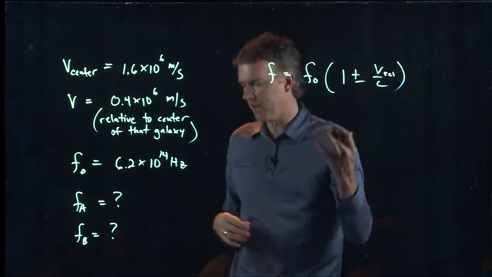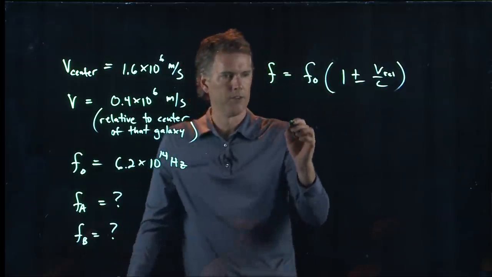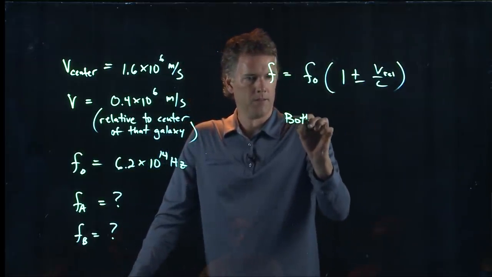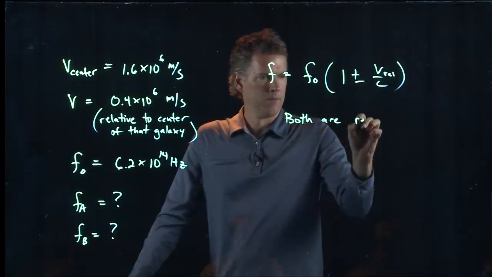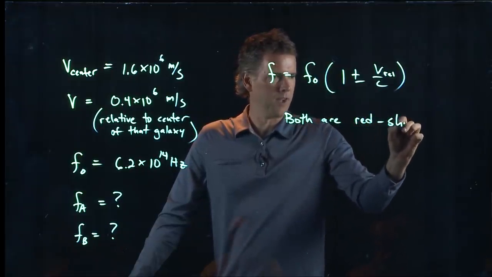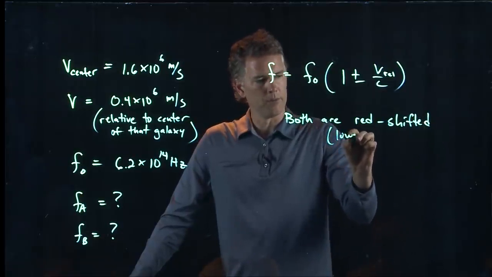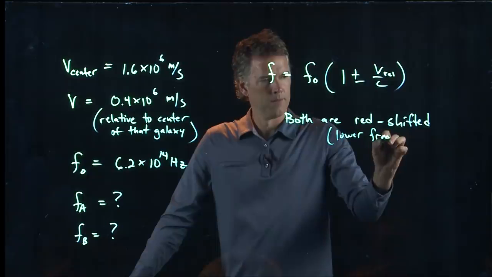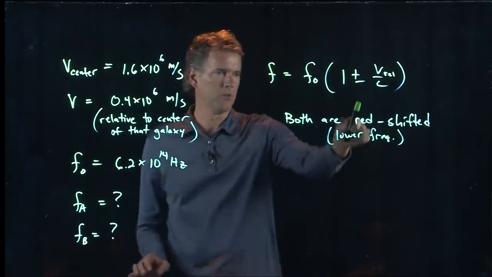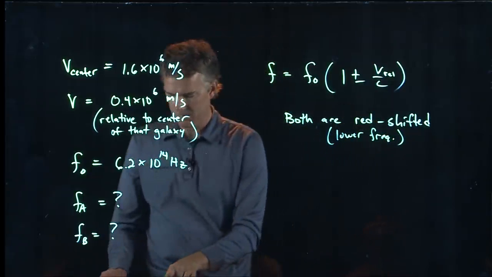And so both of these are going to be redshift. Both signals are in fact redshifted, which means lower frequency. And so we want to use the minus sign in our equation.